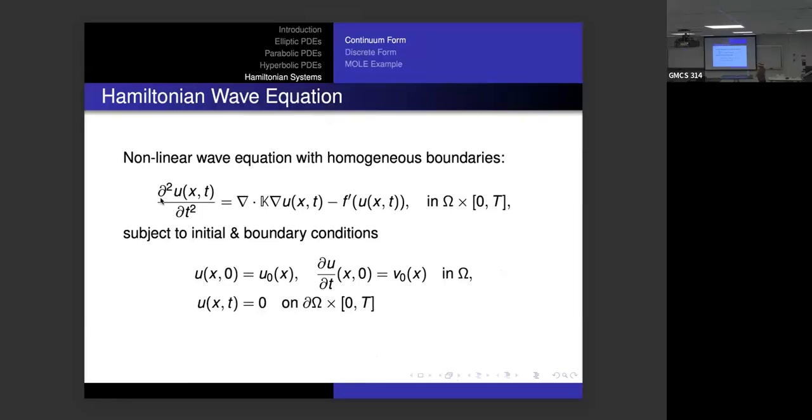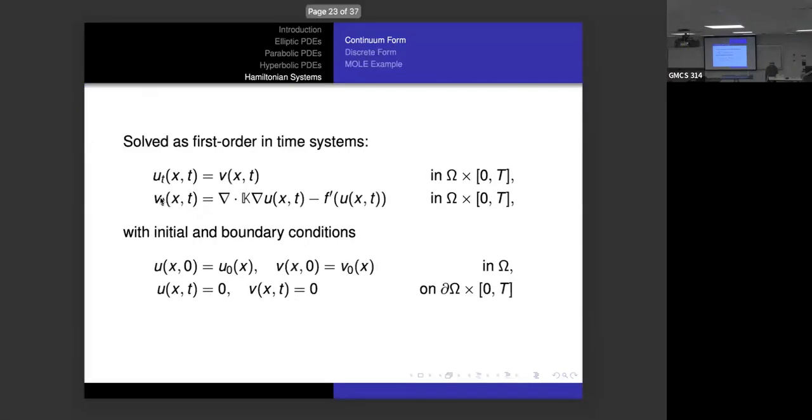Okay. Now, this is the part that's talking about mathematics. So, for example, here is a nonlinear wave equation with homogeneous boundary conditions. Here is the wave equation, and this is the initial and boundary condition. Now, by the way, in general, when you get a second order equation, the natural way to solve it with mimetic is to do it as a first order system.